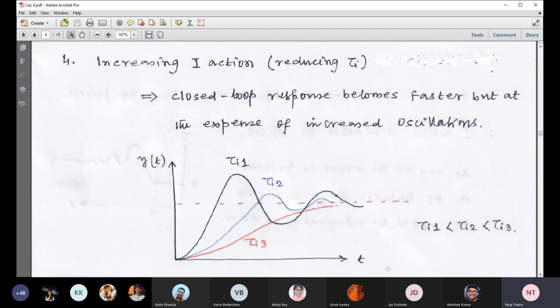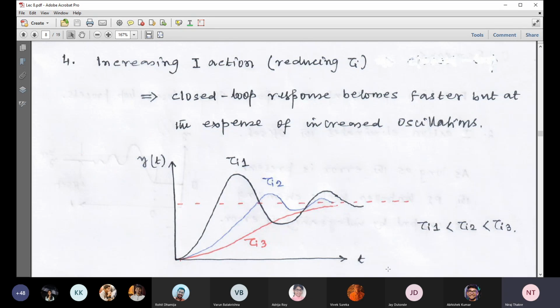Increasing the integral action means reducing tau I, because if you recall the PI controller equation, Kc is present in the numerator, but tau I is present in the denominator. I repeat, tau I is present in the denominator. Therefore, if we reduce tau I, it leads to an increase in the integral action. So we get more oscillation, but faster response.